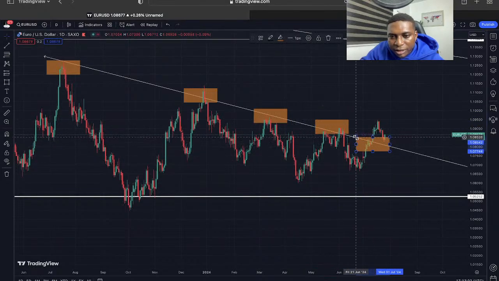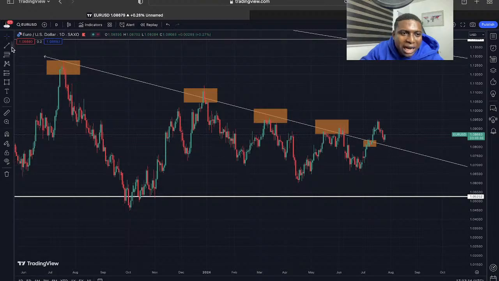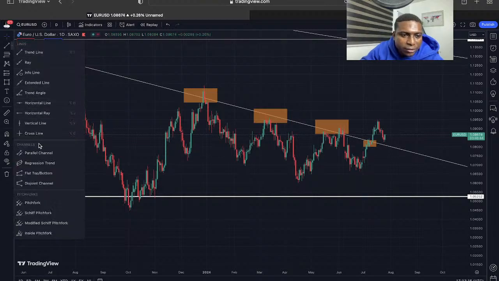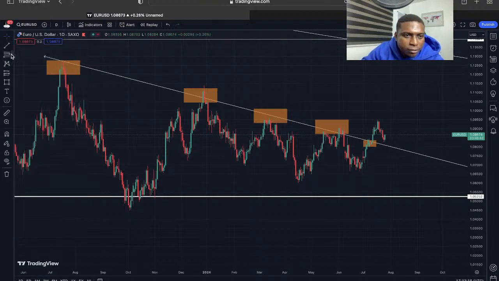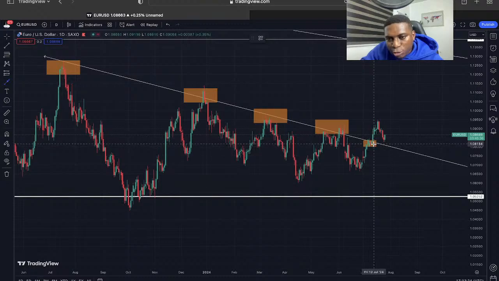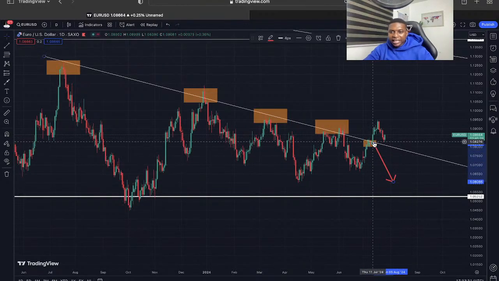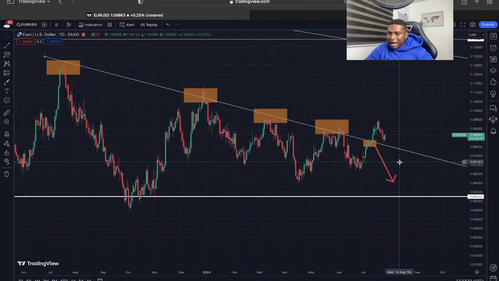Because of the size here, let me just make it something small. This region was supposed to be that region where price would get to and then do this. But now the opposite happened.